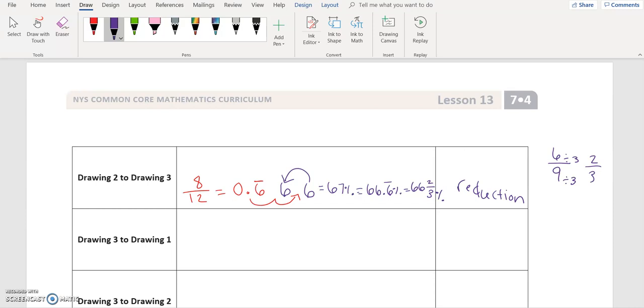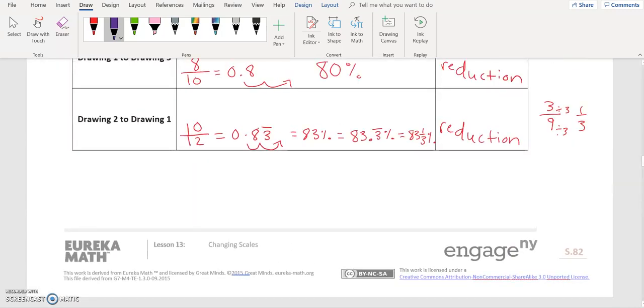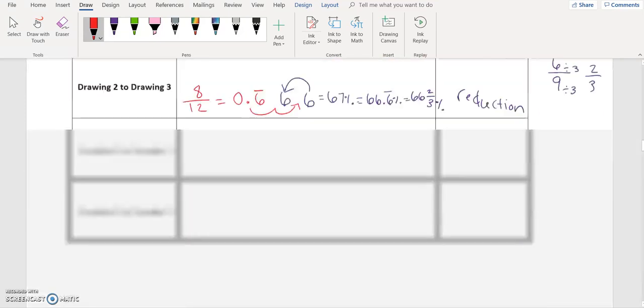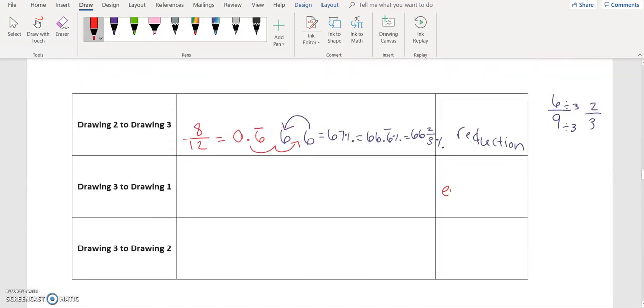Okay. So 3 to 1. From 3 to 1, so it's an enlargement, it's getting bigger. Okay.